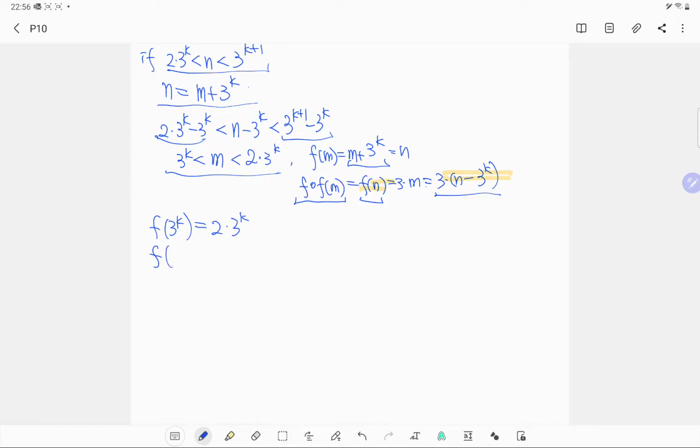And then we have f of 2 times 3 to the kth power should be 3 to the k plus 1 power.